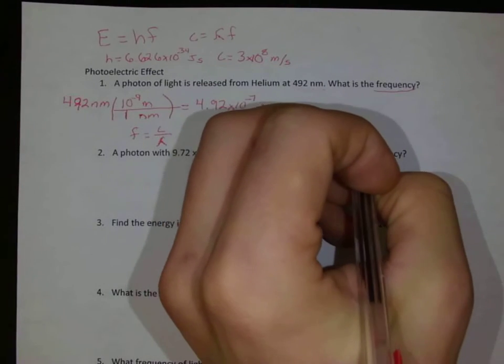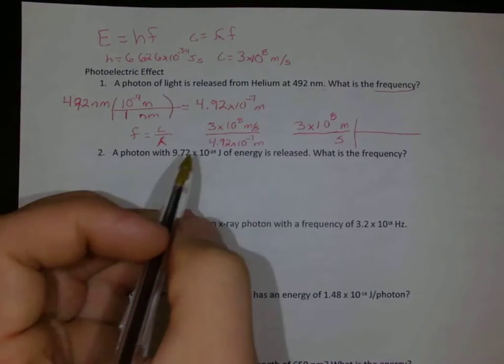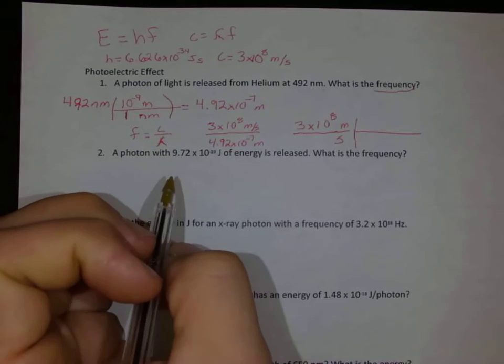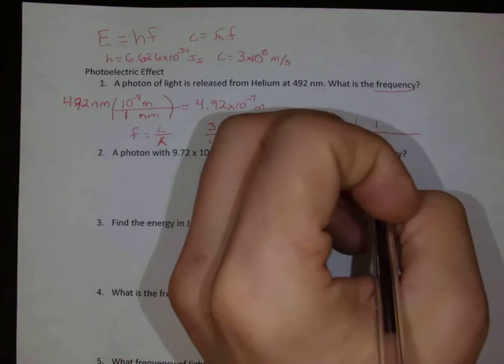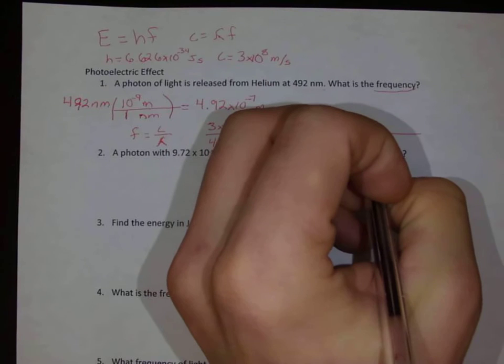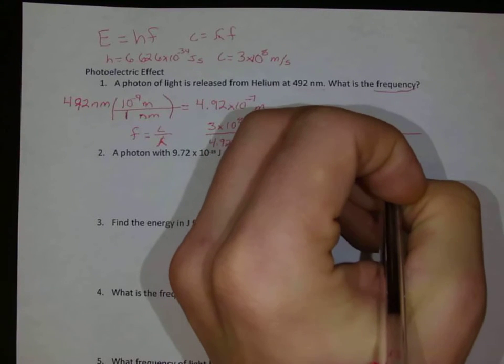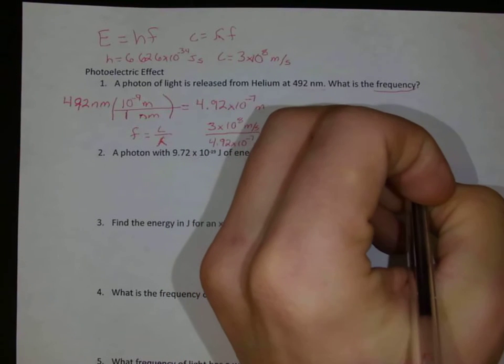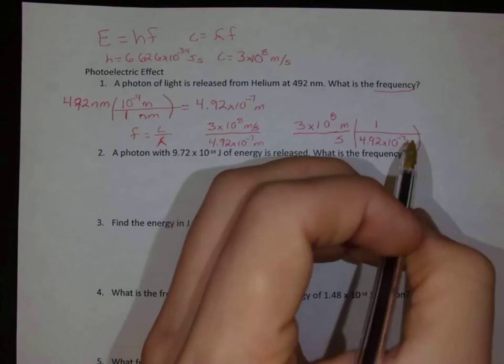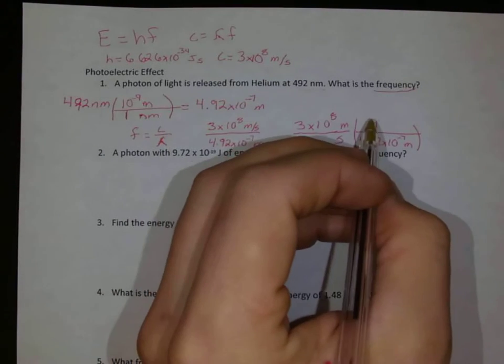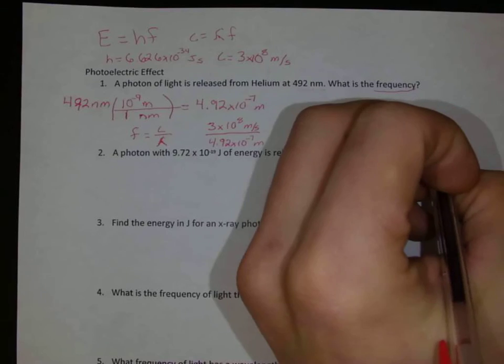I'm going to put my grid on. I want to divide by my 4.92 times 10 to the minus 7th. This is the same as multiplying by 1 over 4.92 times 10 to the minus 7th meters. Now we can see that my meters are going to cancel with my meters, and I'm going to be left with 1 over seconds for my units.